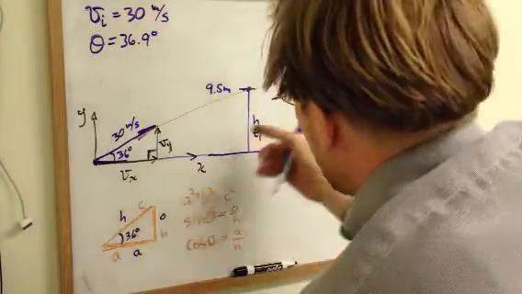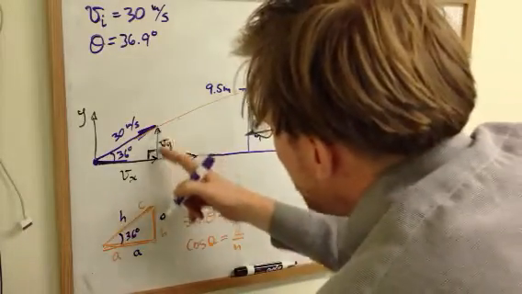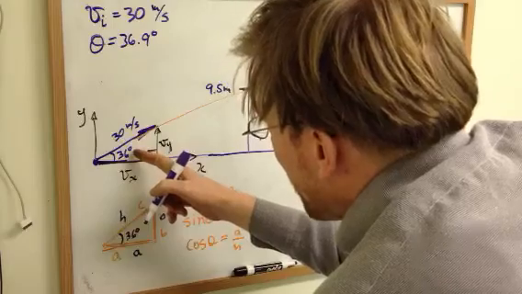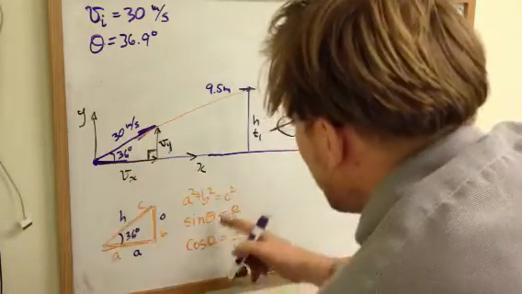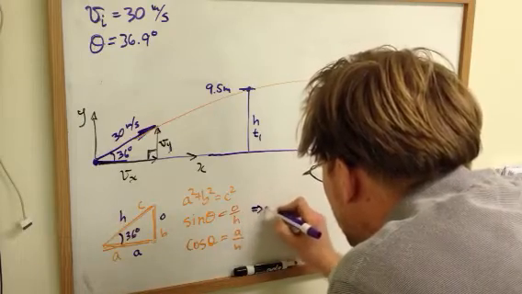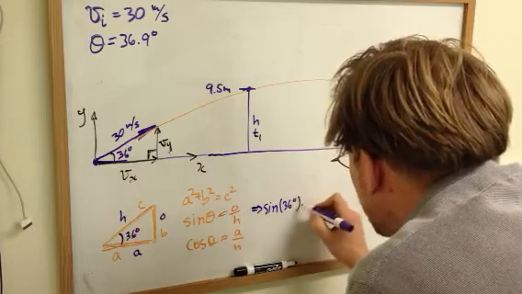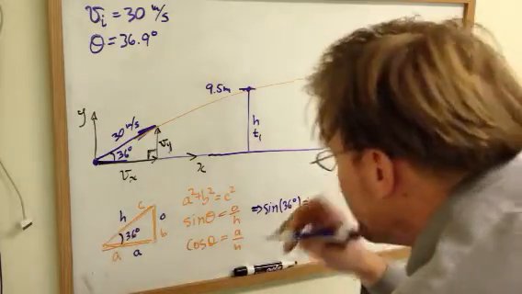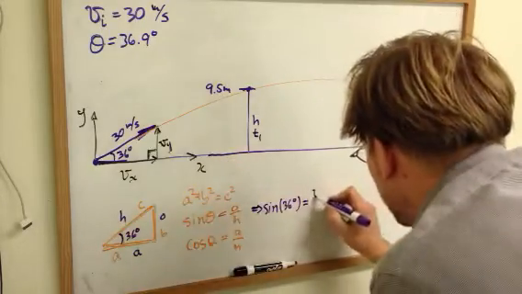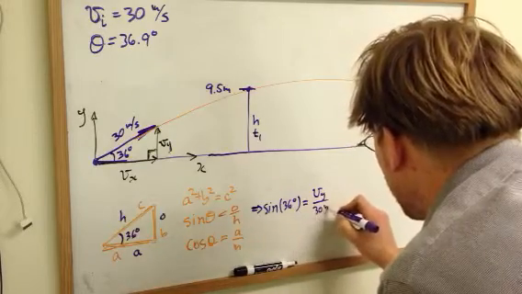So let's start. The question is in the vertical direction, so I need to find Vy. Vy is on the side opposite my angle, so I'm going to use sine. That implies sine of 36 degrees is equal to the opposite, which is Vy, over 30 meters a second.